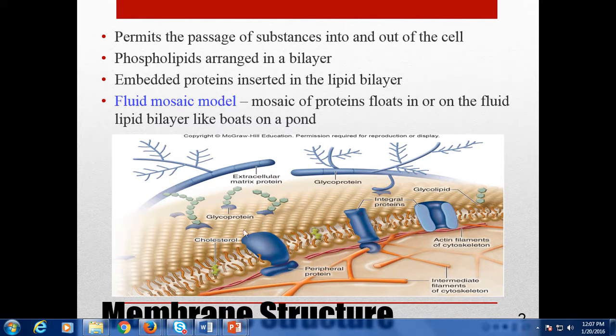The nonpolar tails are hydrophobic and they are directed inward. The polar heads are hydrophilic and are directed outward, which are here, and they're going to face the extracellular fluid and the intracellular fluid.